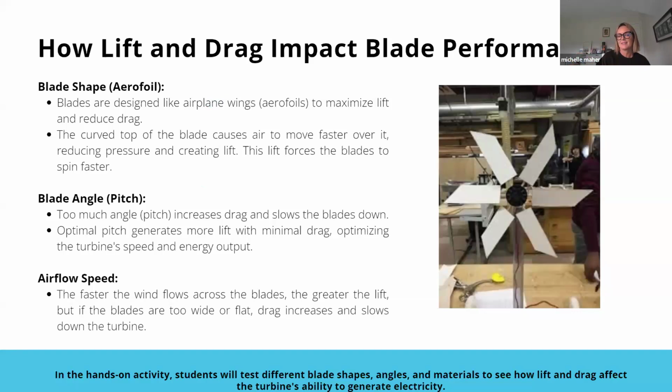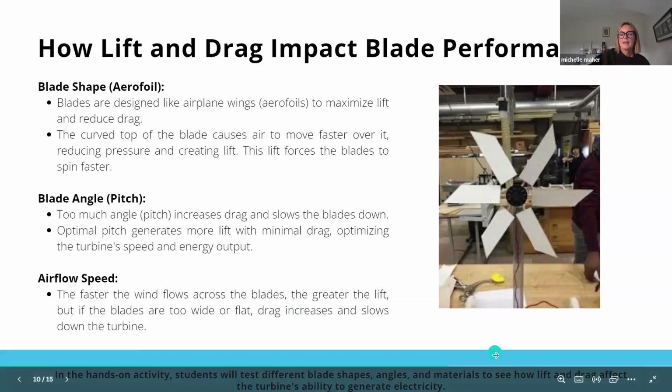How does that affect it? They don't know until they do it. The pitch is tilting them to the wind that we discussed, like the picture there, which is exactly like the little hub that you will have, to minimize drag and maximize lift across it.